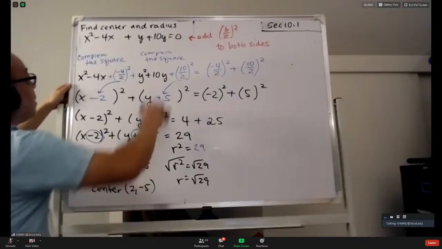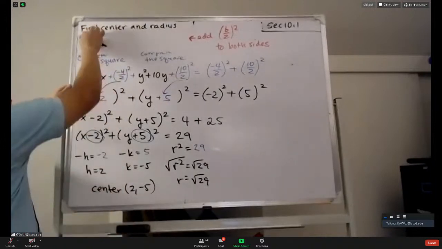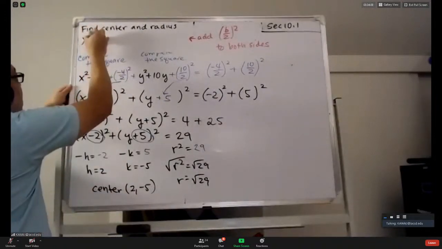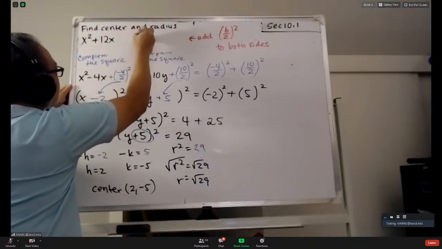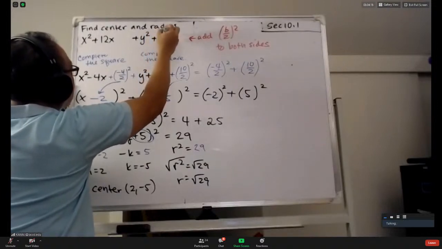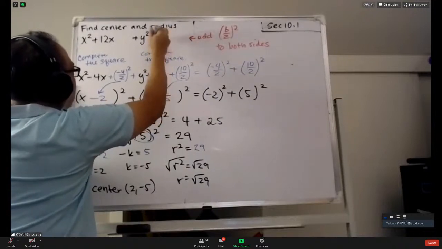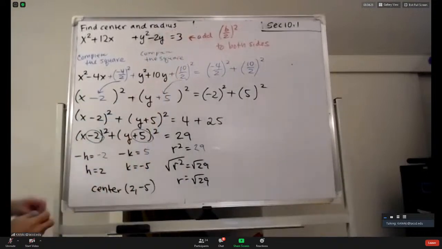Okay. Now, let me give you the other problem that we're going to work on. The x squared plus 12x plus y squared plus minus 2y is equal to 3. I think that's what I gave you. Yeah. So go ahead and do the same thing.